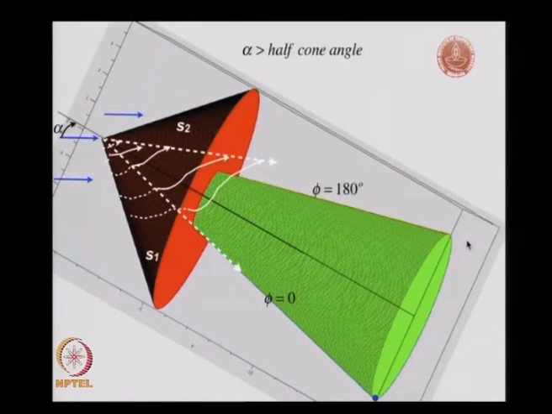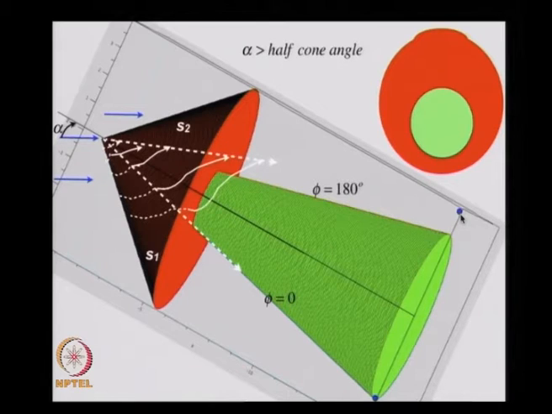Now, if I look at this picture and look at the base here, this line does not project onto the surface; it is somewhere above it. If I extend this line and look at it from here, it is projected somewhere over here in the flow field. So it is now in the flow field.